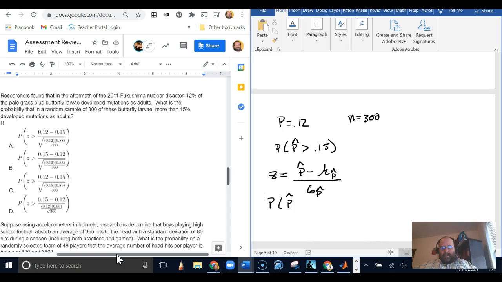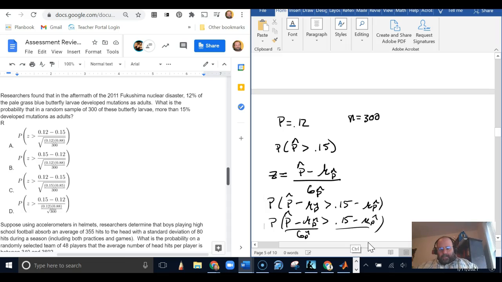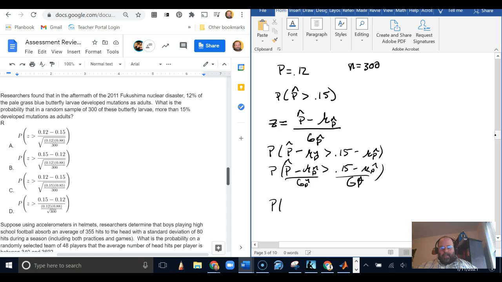If I subtract the mean of the P hats from both sides, and then divide both sides by the standard deviation of the P hats, this is the same as Z is greater than 0.15 minus the mean of the P hats over the standard deviation of the P hats.